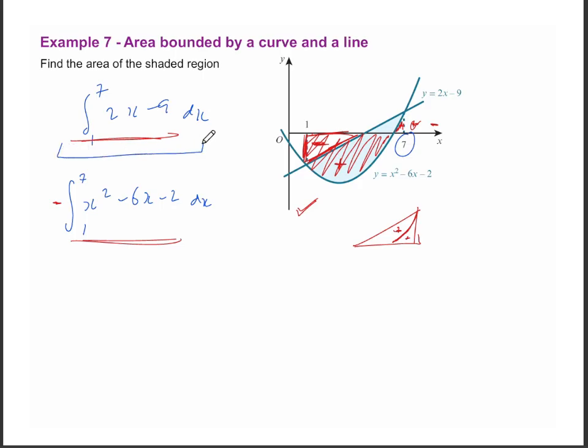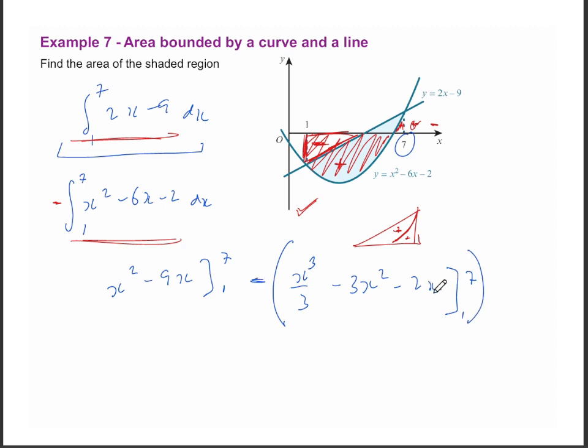What we will get from this one is x squared minus 9x, and we put in 7 and 1. Then we want to subtract x cubed over 3 minus 3x squared minus 2x from, again, 1 to 7. And we're going to put a bracket here just so that we are subtracting this entire thing. Doing this will give us 49 minus 63 subtracted by 1 minus 9.